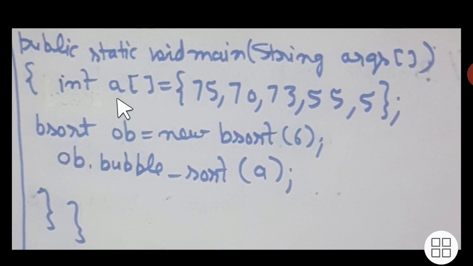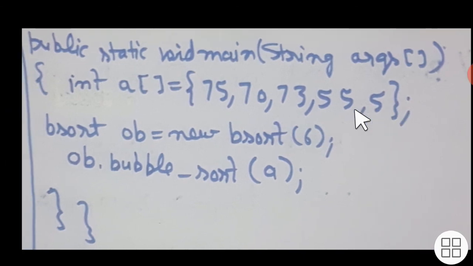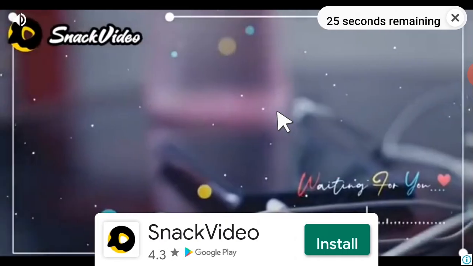Now students, you can see how the main function will be written for this. One array is here, declared, created, and initialized in the same line: int a square bracket equal to 75, 70, 73, 55, and 5 data elements are there.